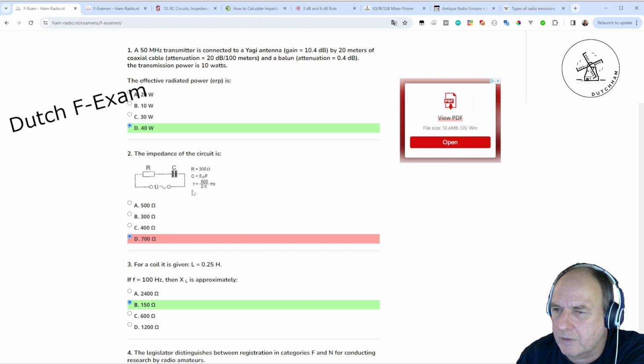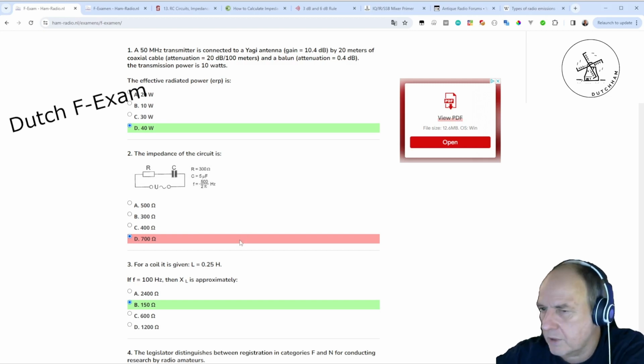So here they probably also calculated the angle. In another exam they didn't calculate the angle between the resistor and the capacitor, and then they said it was just to count it up. So this should have been 300 and 400 ohms.